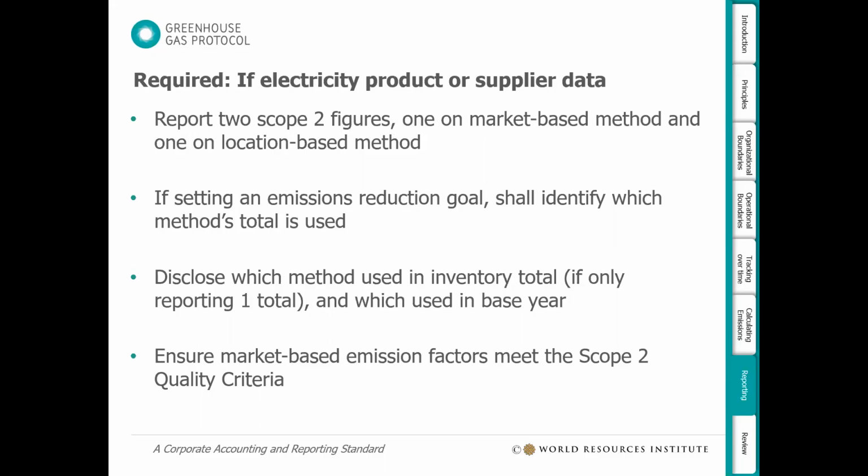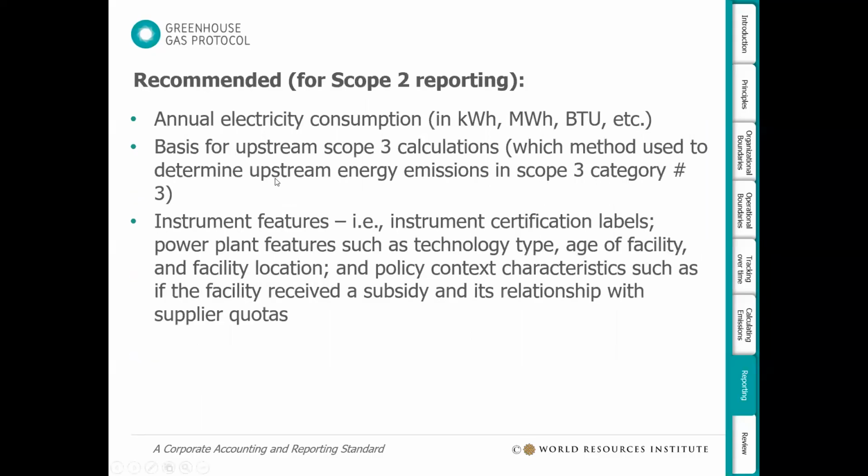Let's look at optional reporting elements. And since we're on the topic of Scope 2, let's look at some of the optional reporting elements that the Scope 2 guidance recommends. These aren't requirements, but they're simply recommended options.